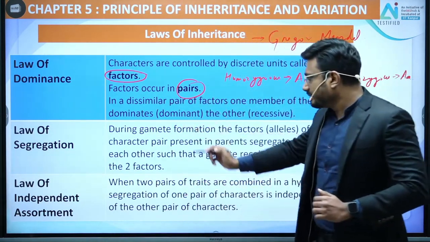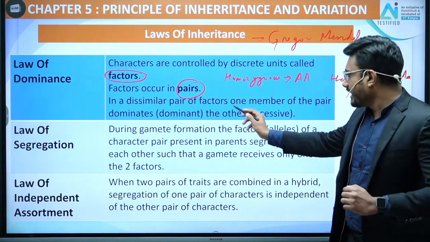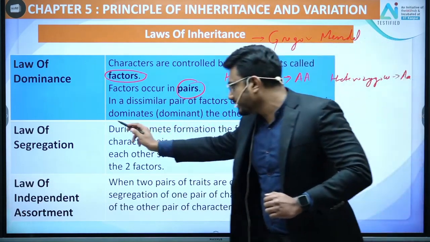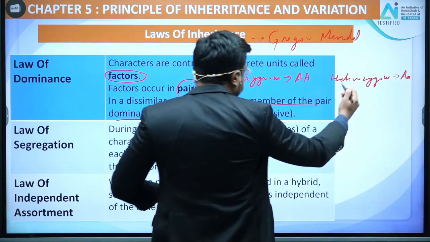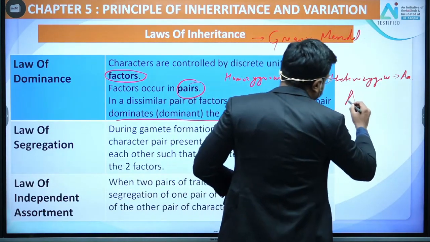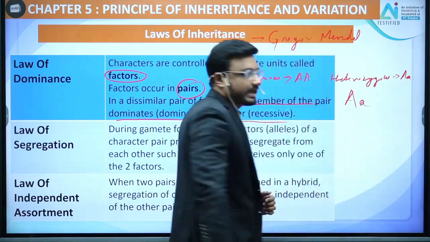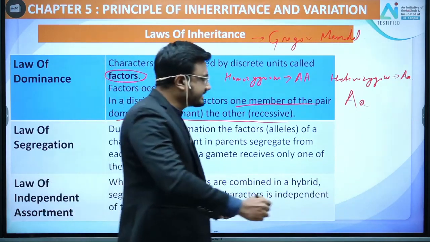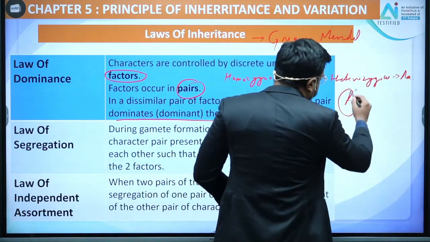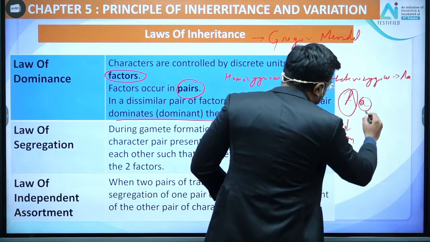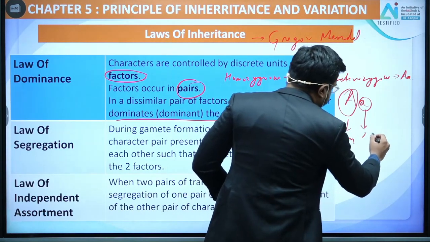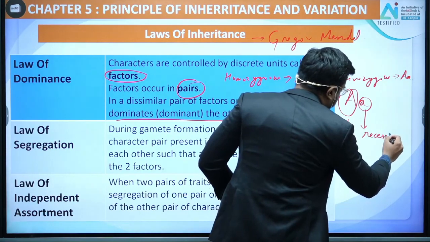So in a dissimilar pair of factors, one member of the pair dominates the other. In the heterozygous condition, like here we can see that this is a heterozygous pair of alleles. What is happening here is that the capital letter of the genotype is always the dominant allele, and the small letter indicates the recessive allele.